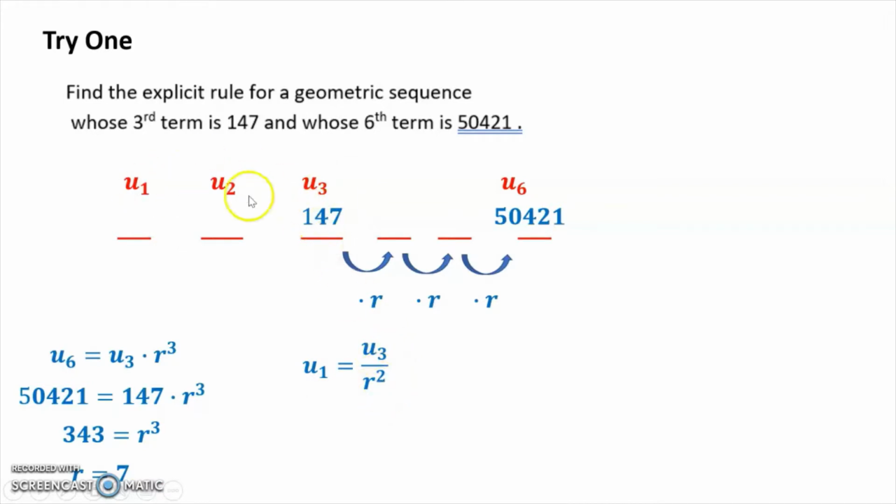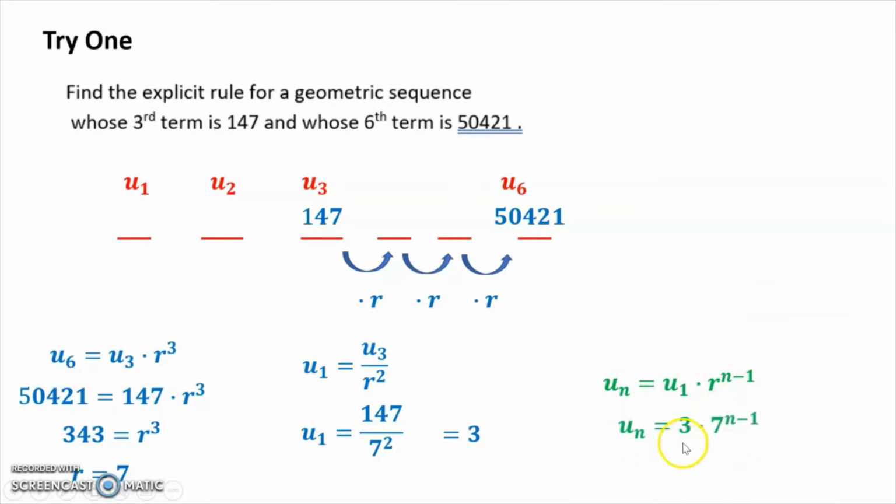Because to go backwards here, you're going to divide by r once and divide by r another time. Again, forward is multiplying, backward you're dividing. So u3 divided by r squared: 147 divided by 7 squared, because that's our r value, and you get 3. That tells us our geometric rule, which always looks like this, will be 3 times 7 to this power. The u1 value, the starting value, and then our common ratio of 7 here.